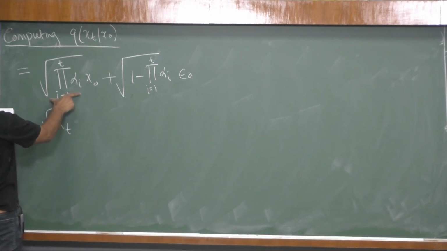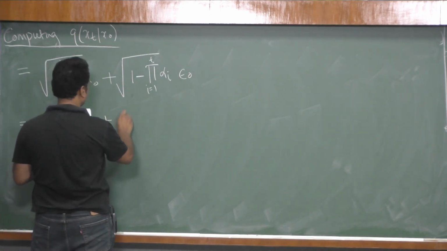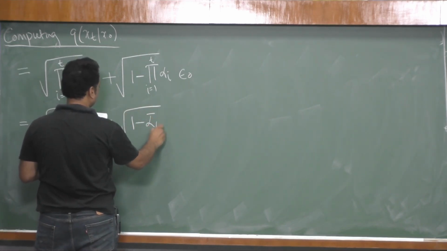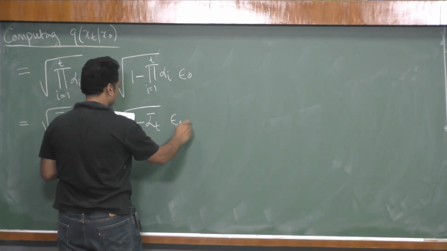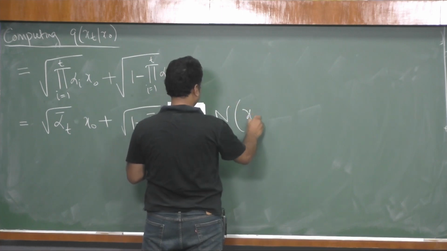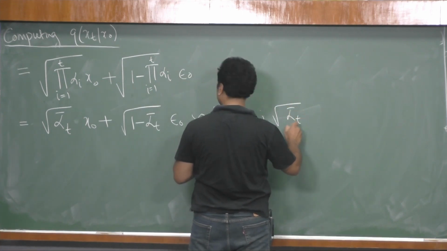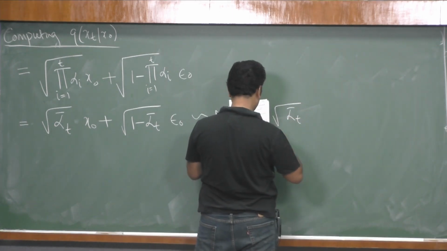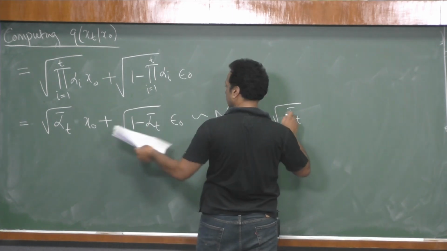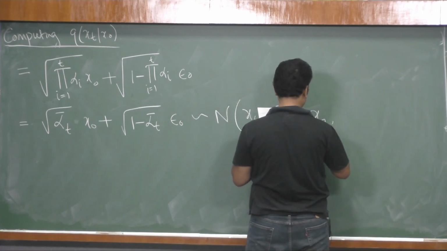Alpha bar is this product, and x naught, and then 1 minus alpha bar t times epsilon naught, and this will follow a normal distribution. The mean is whatever the first term gives, right?